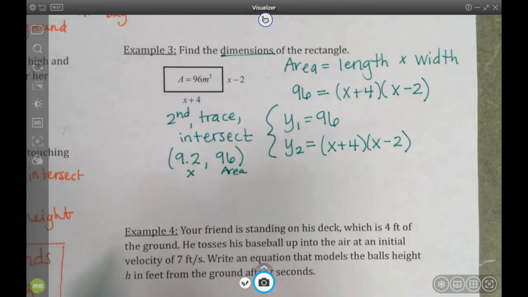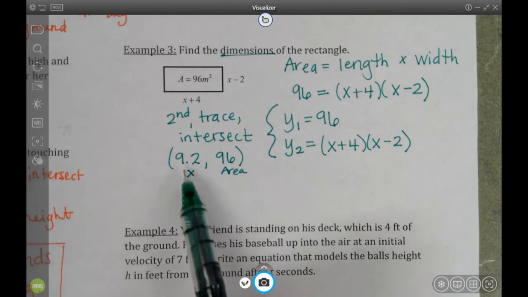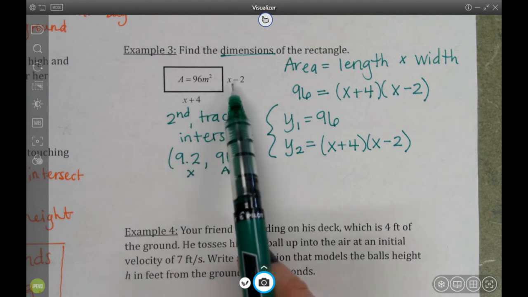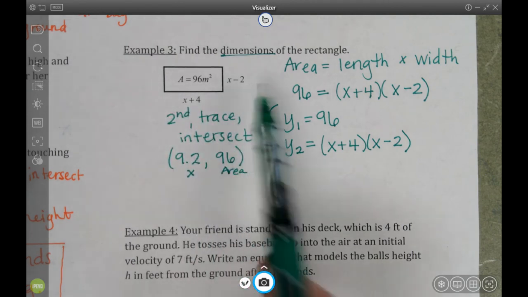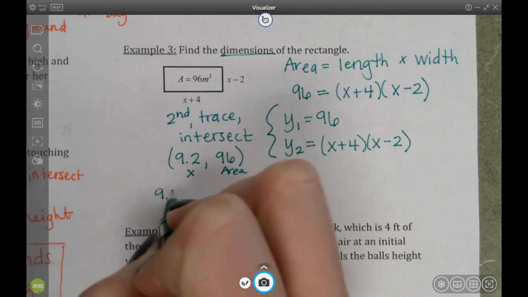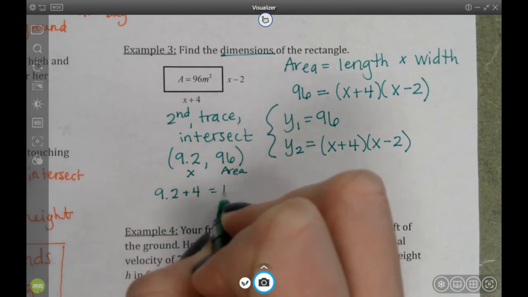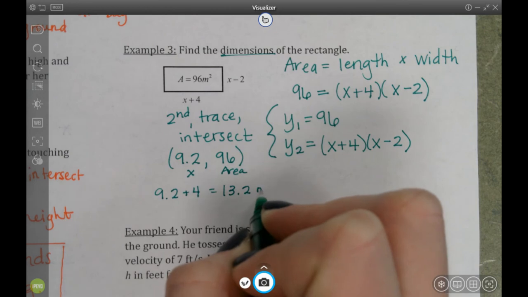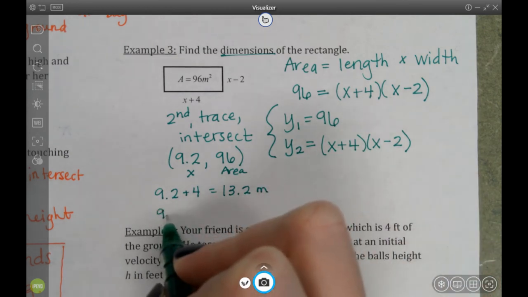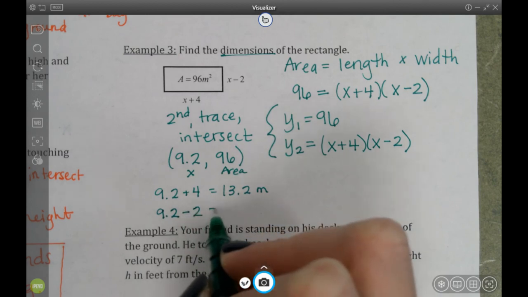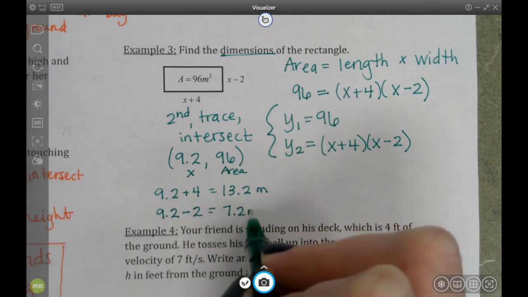And I need to find the dimensions of my rectangle. So that means I need to take my x value of 9.2 and plug it in for both the length and the width. So I'm going to have 9.2 plus 4 to get 13.2 meters. 9.2 minus 2 to get 7.2 meters.